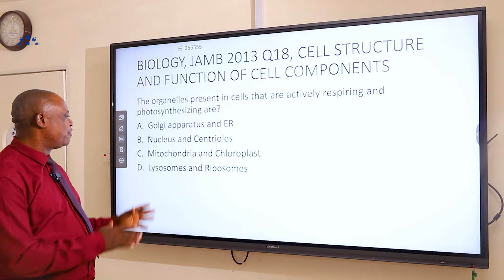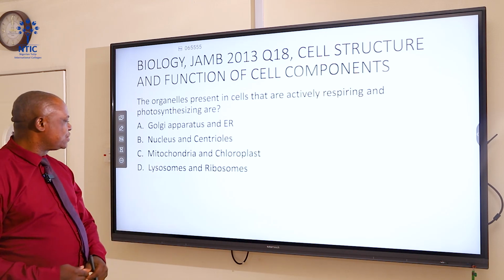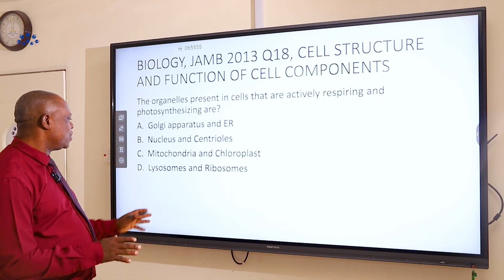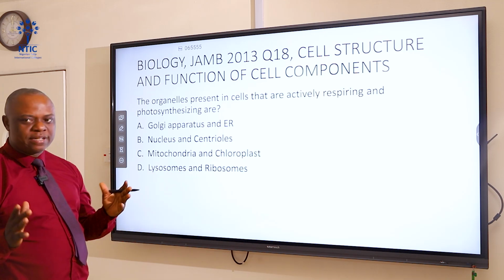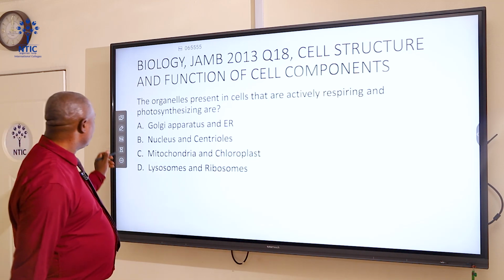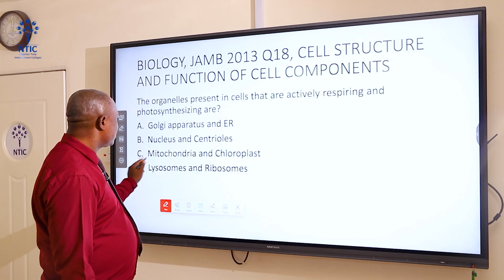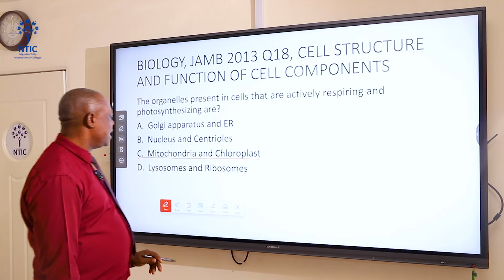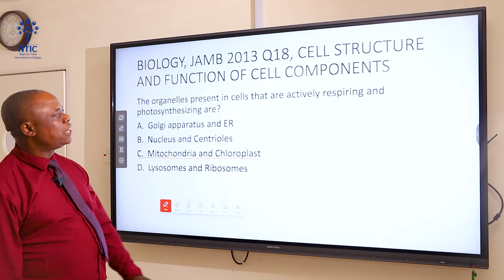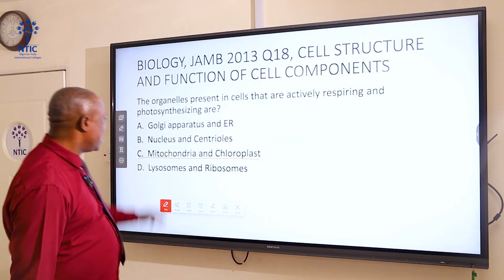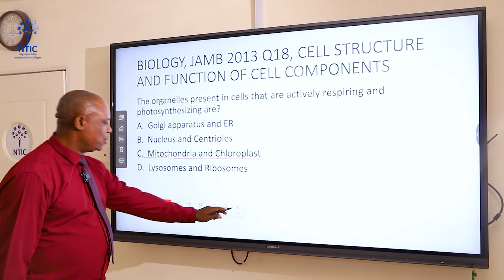Chloroplast is a part of green plant that helps in photosynthesis. You have lysosomes that break down unwanted materials in the cell. You have ribosome for protein synthesis. Therefore, option C, mitochondria and chloroplast, is the answer. Mitochondria for respiration, while chloroplast for photosynthesis. Go to next question.